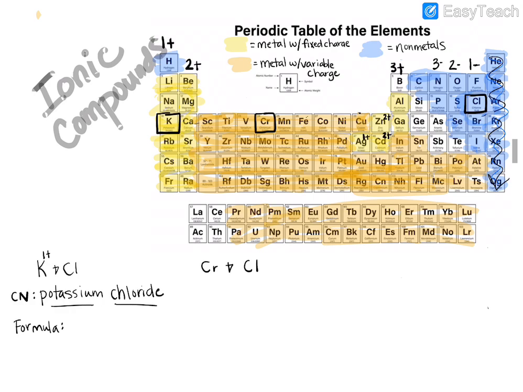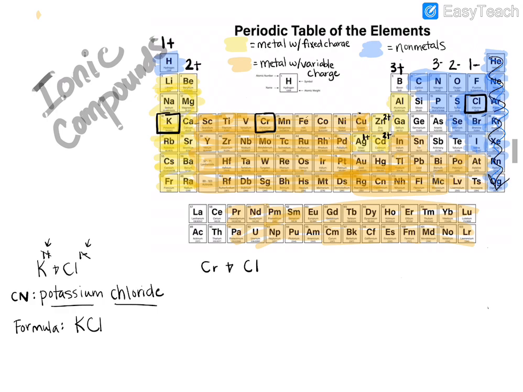So because potassium is 1 positive and chlorine is 1 negative as an ion, and we can see that up here, all we have to do is come down in here and say, okay, that's going to be just KCl, because these charges cancel each other out. These elements can come together in a 1-to-1 ratio.